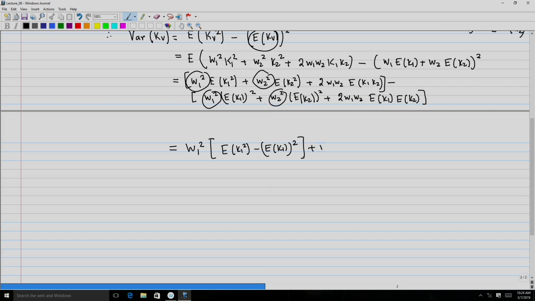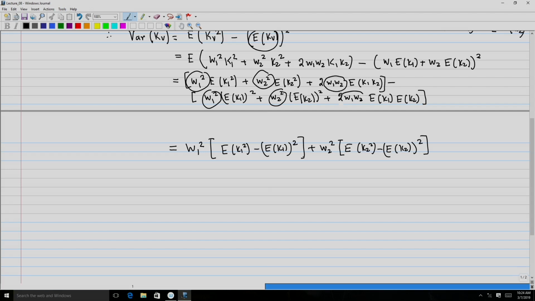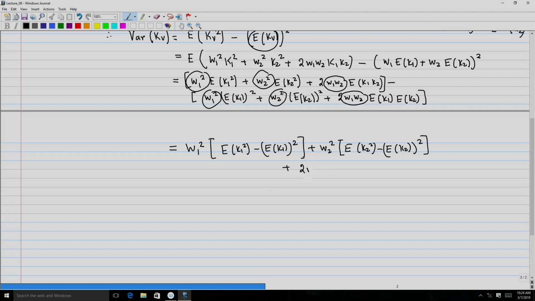Accordingly we get W2 square into E of K2 square minus E of K2 whole square, and then we will take into account the cross terms W1 W2. So, we will get twice W1 W2 into E of K1 K2 minus E K1 into E of K2.